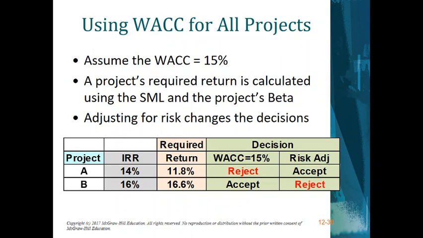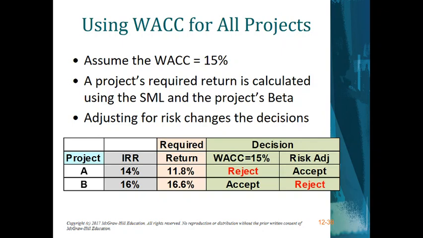And so, again, using the SML type approach, the project's required return is calculated using the SML and the project's beta. Adjusting for risk changes the decisions.